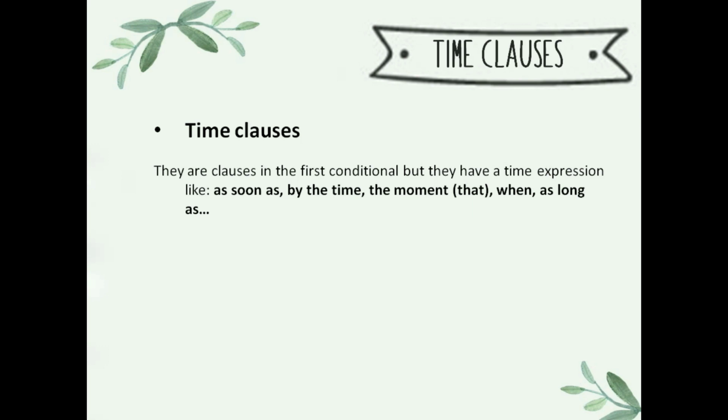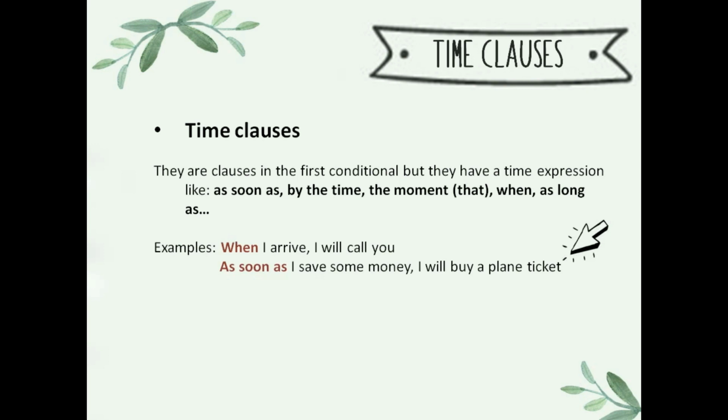Instead, we use other time expressions, for instance, as soon as, by the time, the moment that, when, or as long as. Look, some examples are, when I arrive, I will call you, or as soon as I save some money, I will buy a plane ticket. You can see that the features are the same as in the first conditional, but instead of using if or unless, we use one of these time expressions.